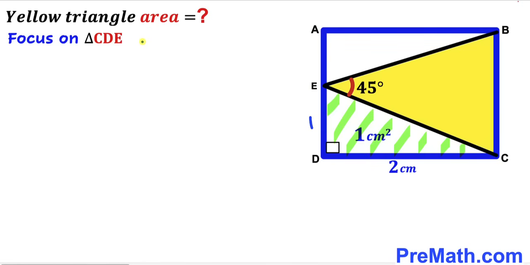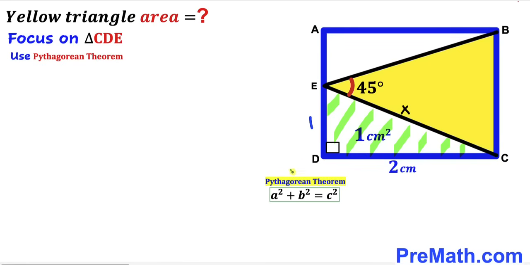Now let's focus once again on this right triangle CDE. I'm going to label this side CE length as x. Now we are going to apply the Pythagorean theorem on this triangle: a square plus b square equals c square. In our case, our hypotenuse is x, whereas our two other legs are 1 and 2.